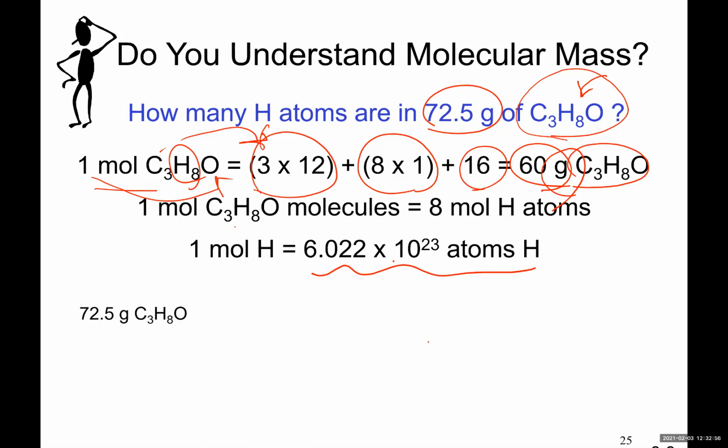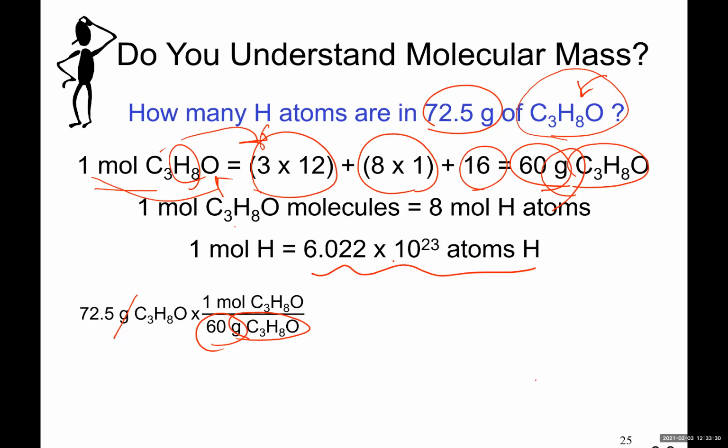So let's go from grams of C3H8O to number of moles. Do I need a conversion factor to cancel grams and go to moles? Grams on the bottom, so I can cancel grams. Moles of C3H8O. How many grams is it? 60 grams. That's the molar mass. So now I have number of moles of C3H8O.